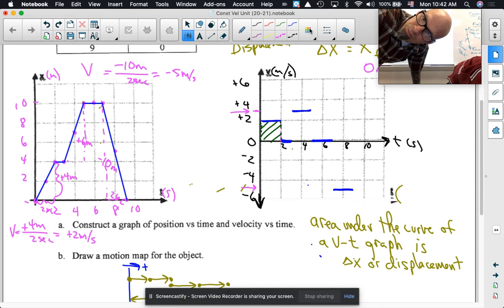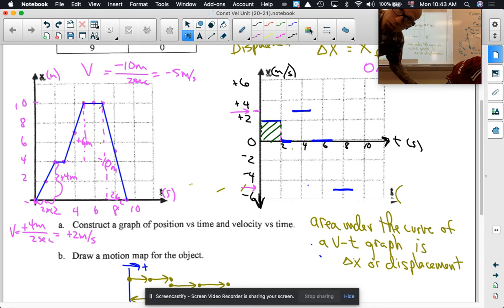Don't ask, it just is. So the area between the line on the graph and the zero, or the t-axis. That's what we're looking for. The area between the line on the graph and the t-axis. That is the area we're looking at.